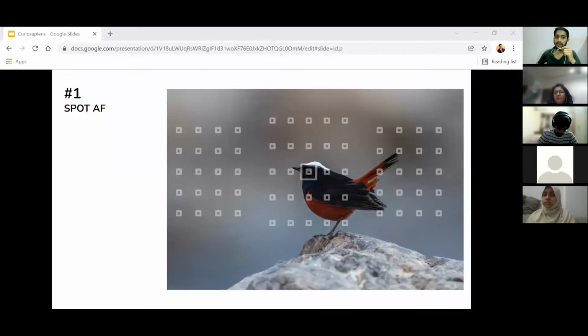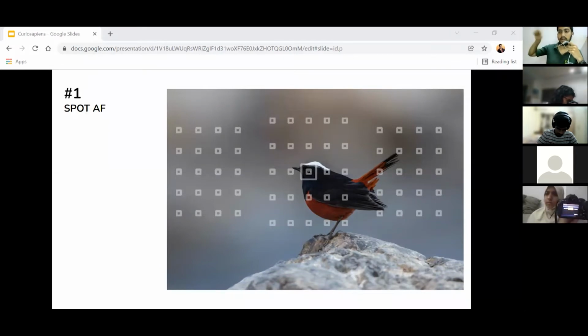I have created the slides based on my camera only. You have these three buttons. You have a star asterisk button on the top right corner of your camera, and next to the asterisk button you have a focusing points button. When you click on that focusing button, you see several focusing points.